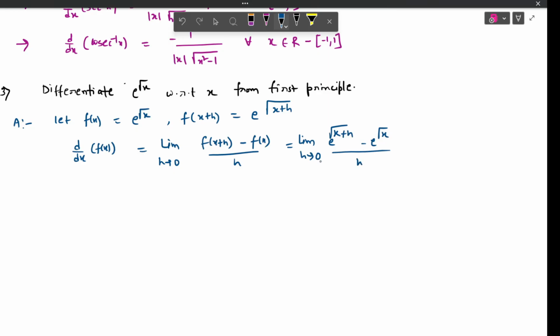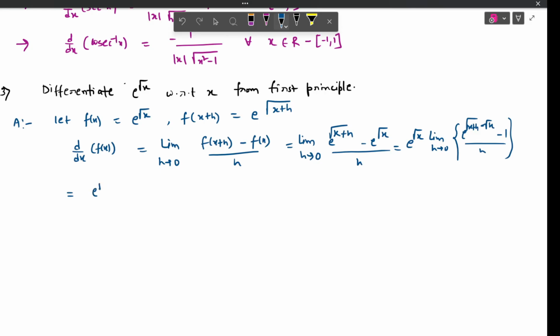If you take e to the power root x common, because here the limit is h, it would be e to the power root x times limit h tends to 0 of e to the power root x plus h minus root x, minus 1, by h, right?